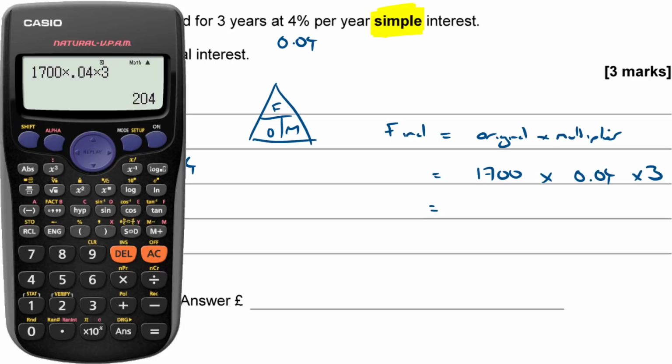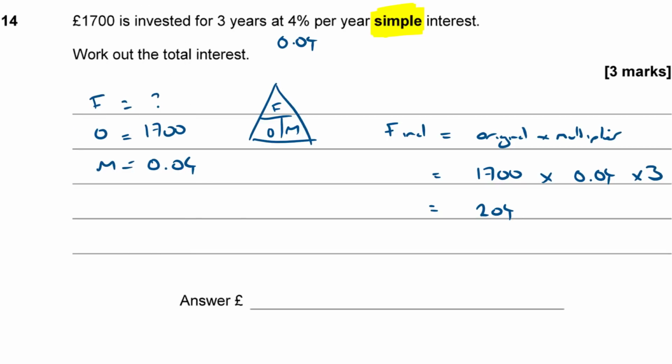So simple interest is £204 on that amount over 3 years. Now, if this had said compound interest instead of simple interest, rather than multiplying by 3 here, we would be raising that to the power 3. That's the difference between simple and compound interest. But here we're doing simple interest, so we're just going to multiply by 3 rather than raising it to the power of 3.